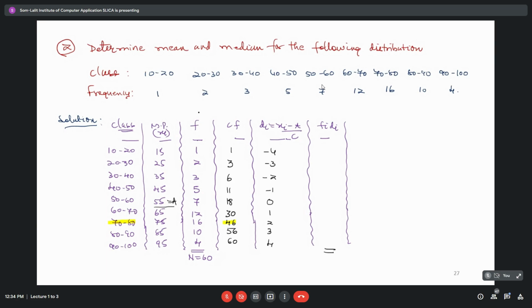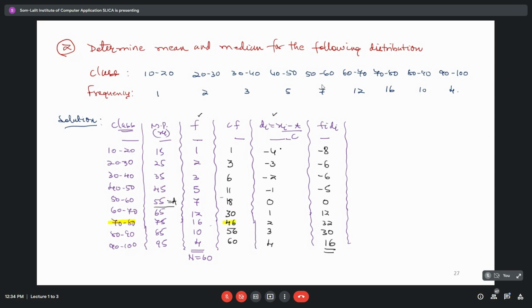So we are preparing from this 2. We are using this 2. So this is -8, this is -6, this is -6 again, this is -5 here. This is 0. This is 12. This is 32. What about this 30? And what about this 16?